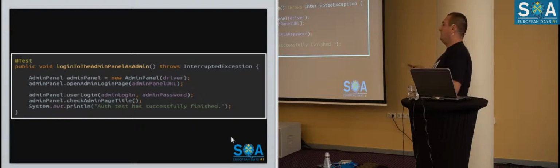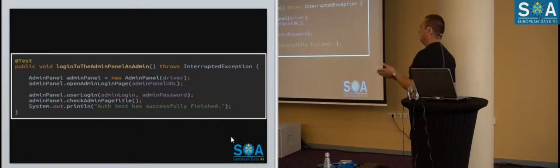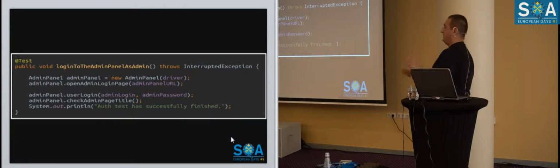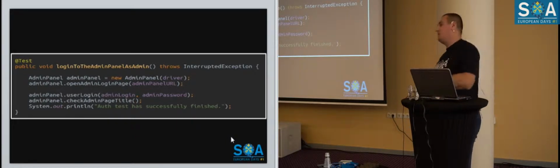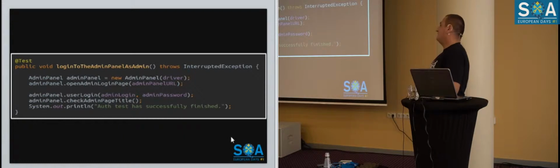As I mentioned, page object makes tests readable and similar to fiction. If we forget about the admin panel name, one can check that we use the login of the user and the title, and that's about it. So you don't need to read all those drivers, names, and so on.